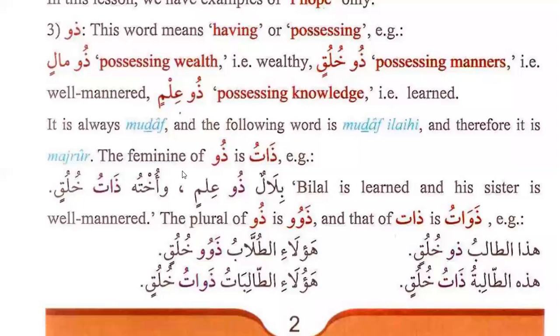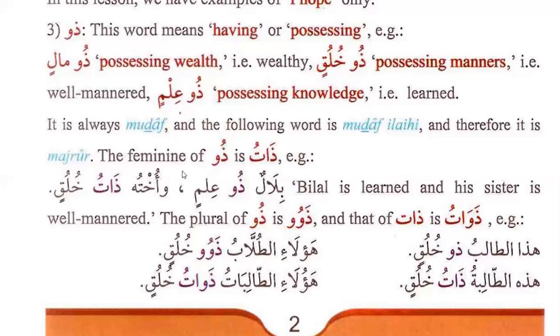Zu khulukin, possessing manners, is well mannered. Zu ilm, possessing knowledge, learned. Zu is mudaf, and the following word is mudaf ilayh, and therefore it is majrur.